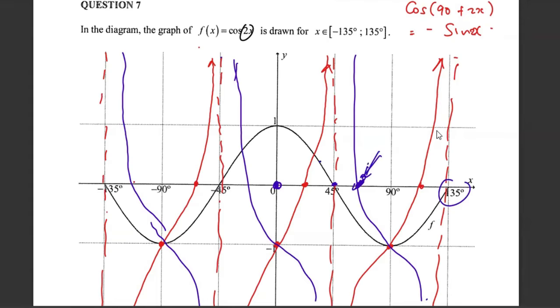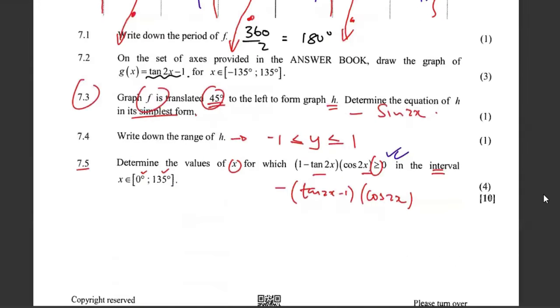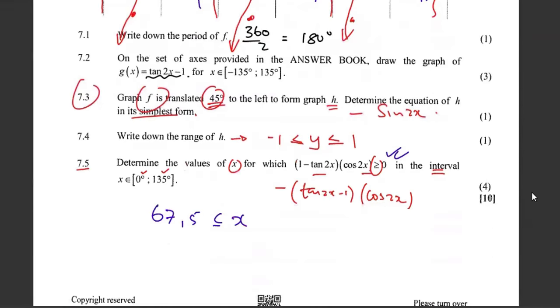So this point, what is 45 plus 22.5? That is 67.5, meaning that between 67.5 and 135. So I'll come down and say 67.5 is less than x, it's not an asymptote, and then it's going to be less than 135.